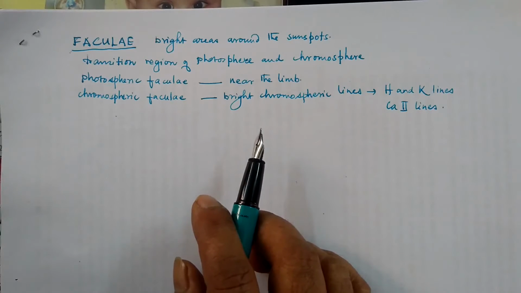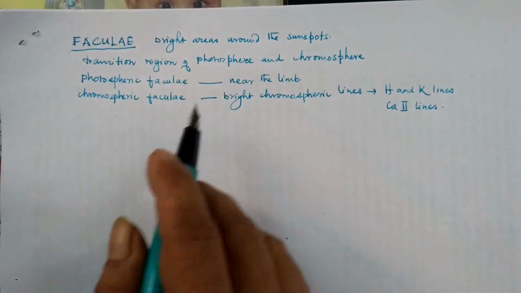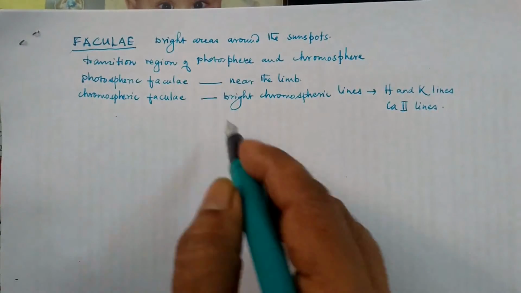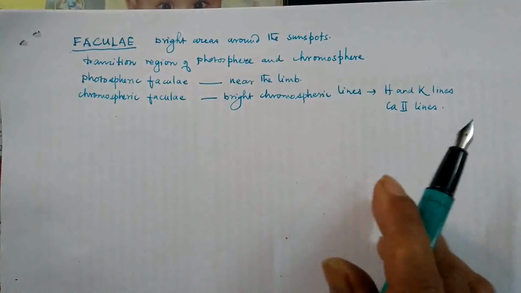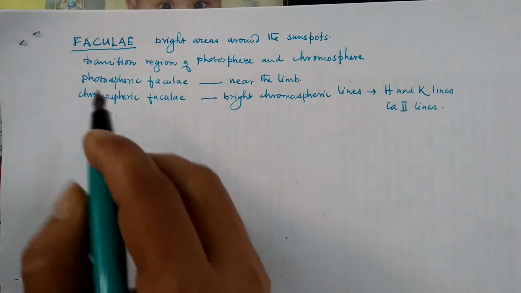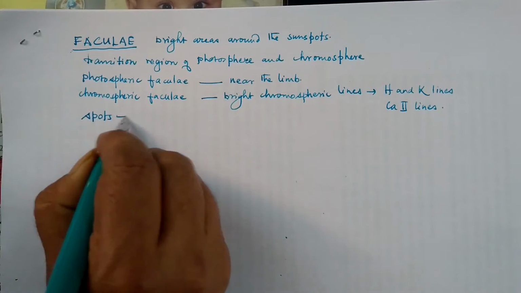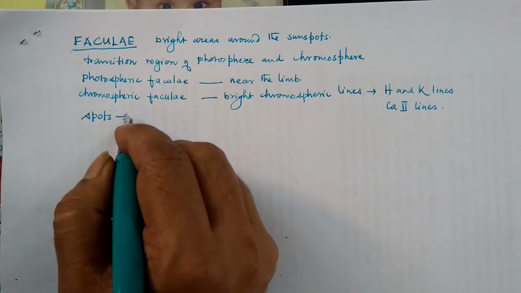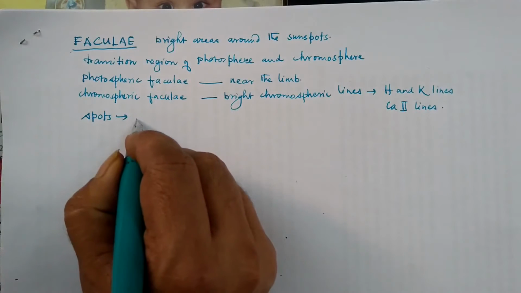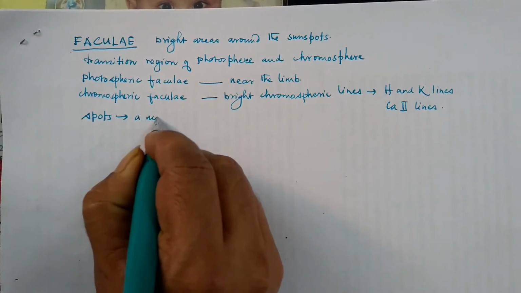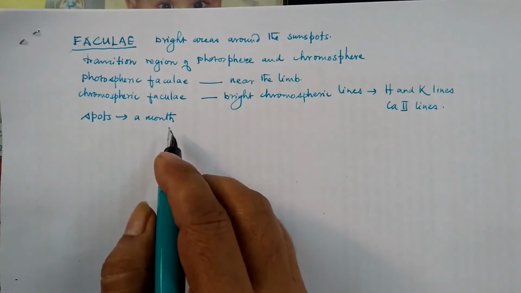Now, these photospheric faculae, we already said that these are the bright areas around the sunspot. So whenever there is a sunspot, there are bright areas around it, and those are the faculae. Okay, they are associated with the sunspots. But usually the spots are short-lived. The average lifetime of a spot hardly exceeds a month. But the faculae stay longer.